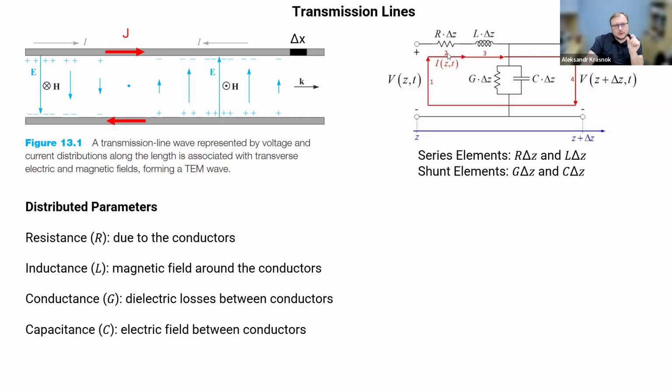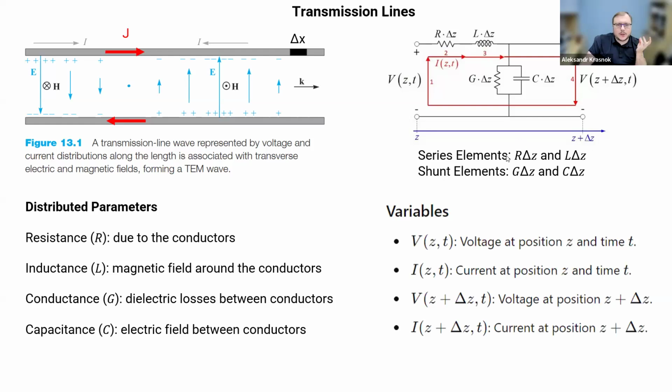For every single small dz, I have R, L, G, and C. R and L are connected in series because they are attributes of the wire. The shunt elements G and C are parameters that describe the coupling between two wires, so they are placed in parallel, or shunting elements.